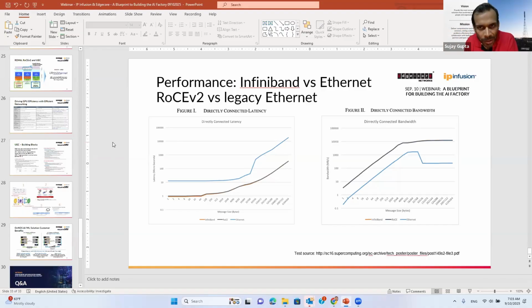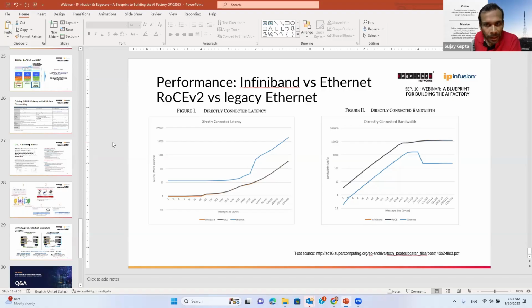The next question is related. It says UEC requires hardware support by the switch chip, and whether Tomahawk 5 has hardware support for UEC. Generally, RoCE v2 or the upcoming UEC technology will be supported by the NIC card. The NIC card sitting on the server will support UEC, and that will finally be going to the Tomahawk 5.